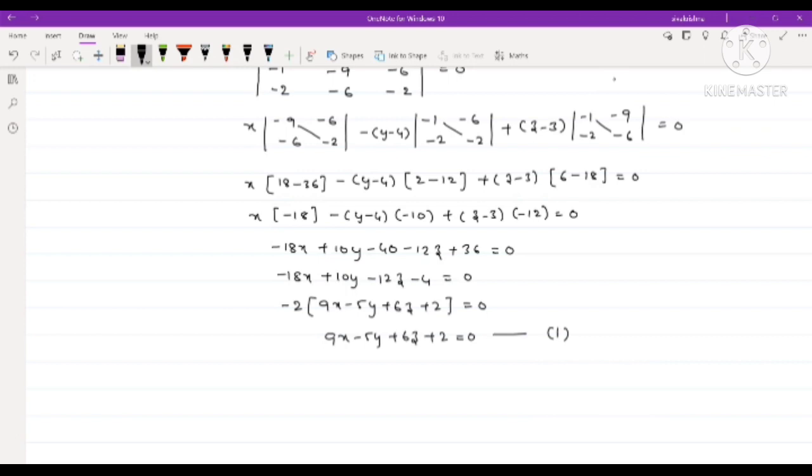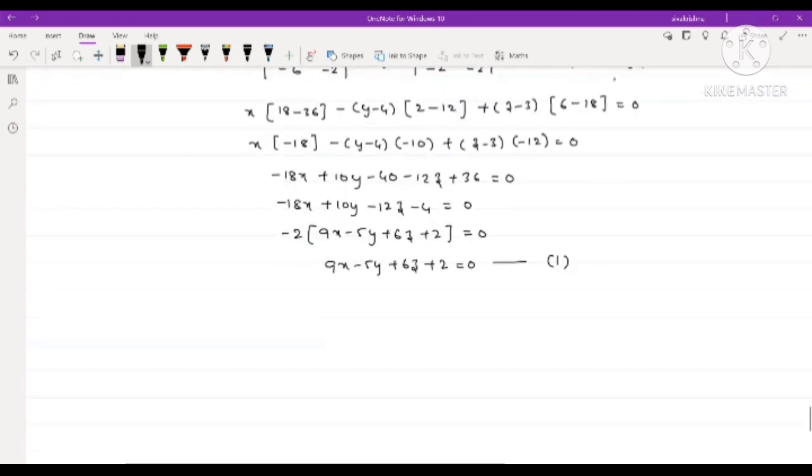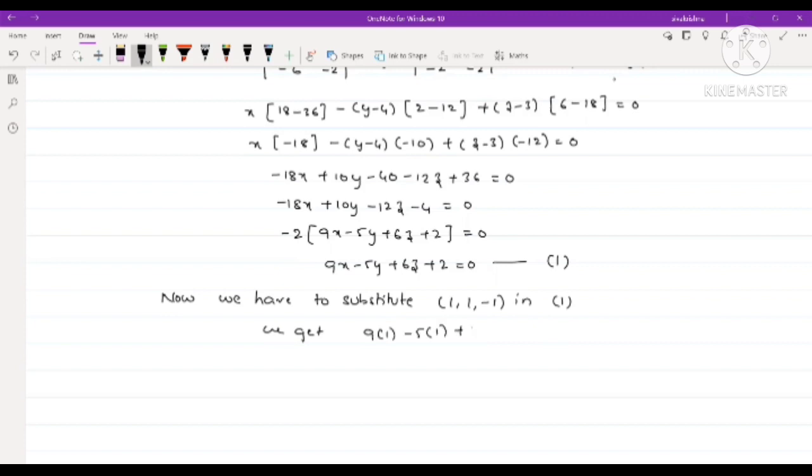So in this equation, we have to substitute the fourth point. Now we have to substitute 1 comma 1 comma minus 1 in equation 1. Okay, so we get 9 into 1 minus 5 into 1 plus 6 into minus 1 plus 2.